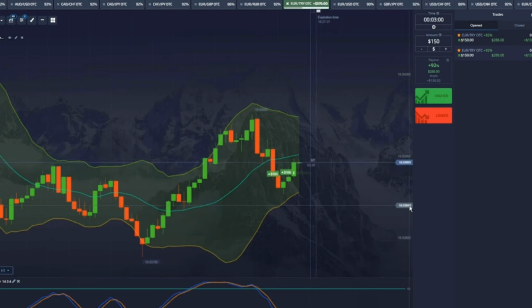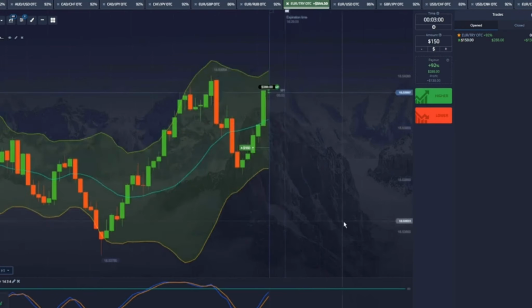Let's watch how the market plays out at the entry. The market played out great and closed with profit.